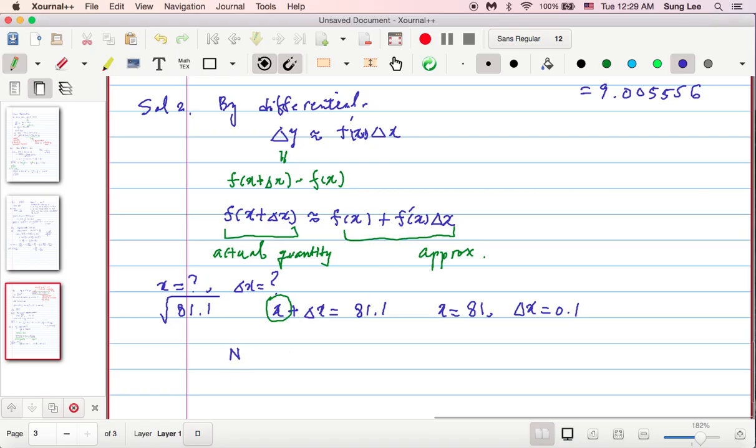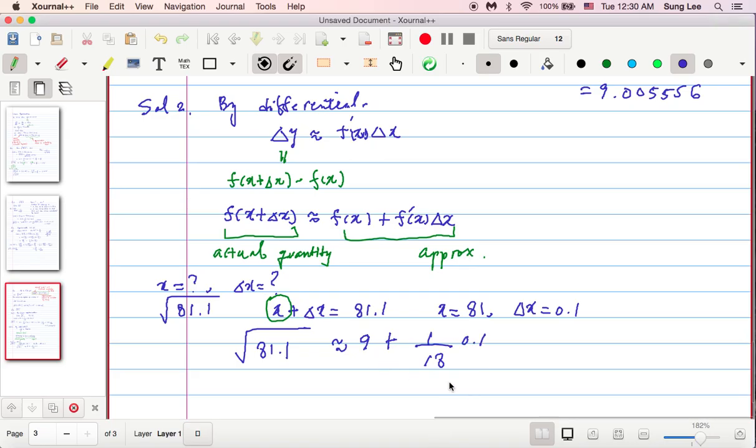So the square root of 81.1 is approximated by f of x, which is the square root of 81, which is 9, plus f prime, 1 over 2 times the square root of 81, which is 18, multiplied by delta x, 0.1.